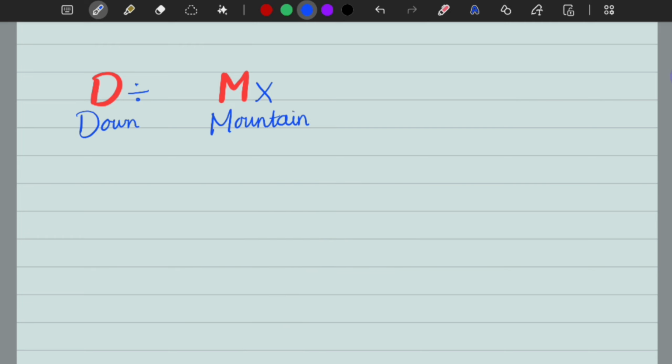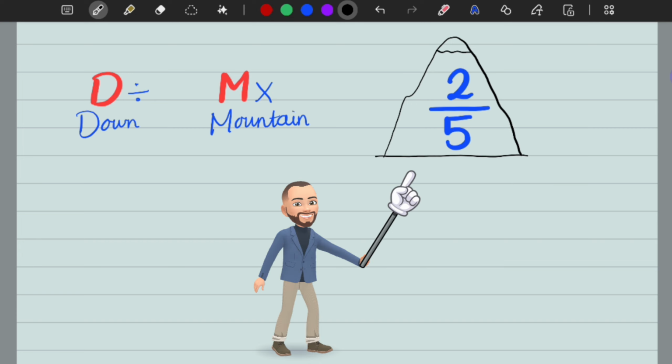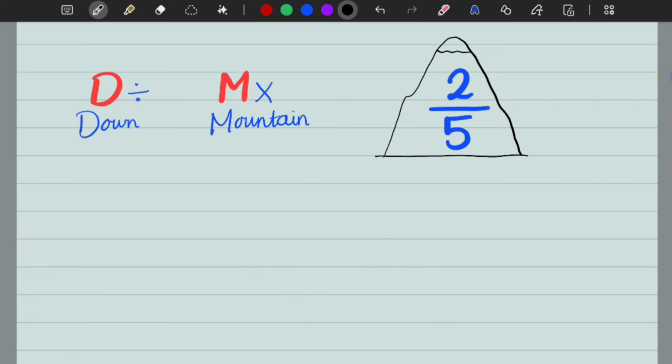Now this might be strange, but if I've got a fraction, for example, 2/5, first I'm going to go down to the number on the bottom, the denominator, and then the second step of our little trick is going to be moving up the mountain to the numerator. So first we go down to the denominator, and then we're going to move up to the top of the mountain to the numerator. Let's break this up and do an example to show you exactly what I mean with this DM method.